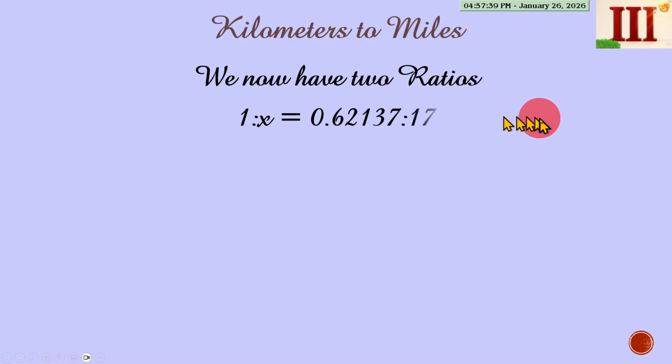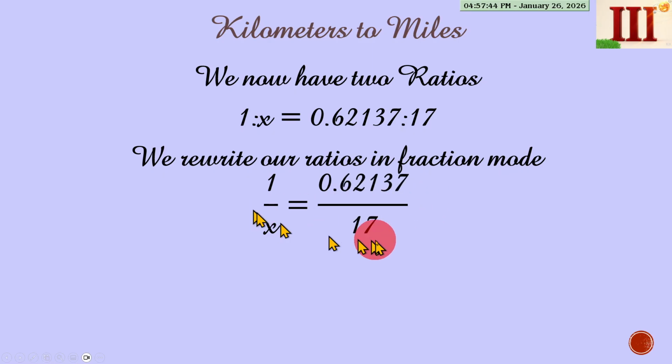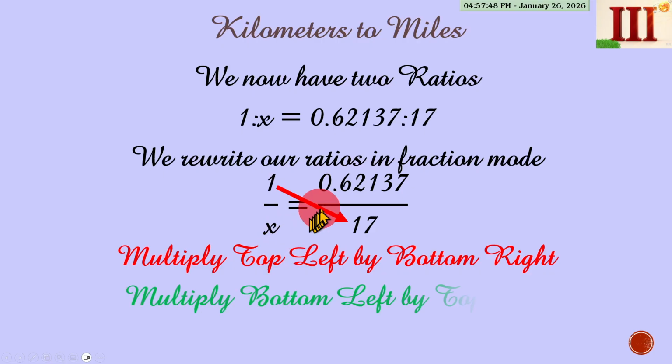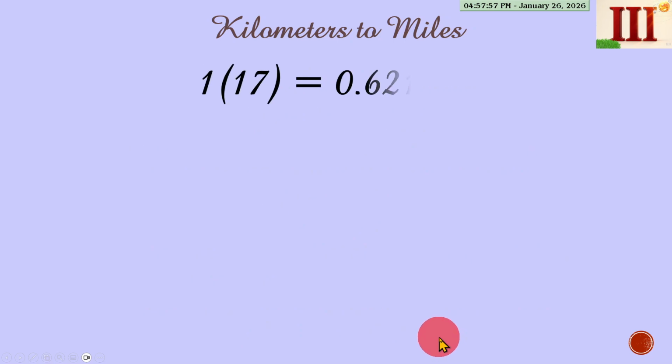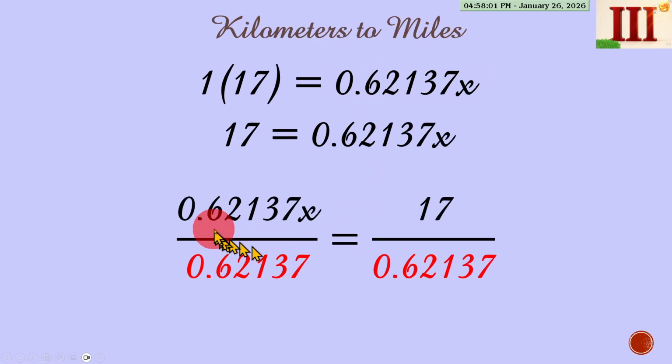Notice we're saying we have two ratios, but you don't even need the two ratios. You can just go straight to fraction mode, and you multiply 1 times the 17 and the X times the decimal value. It's going to give you 17 is equal to this value times the X. You do that, you always divide by the number in front of X, and so dividing by this 0.62137, this will knock that out because this goes once and this goes once, leaving us with 1x.